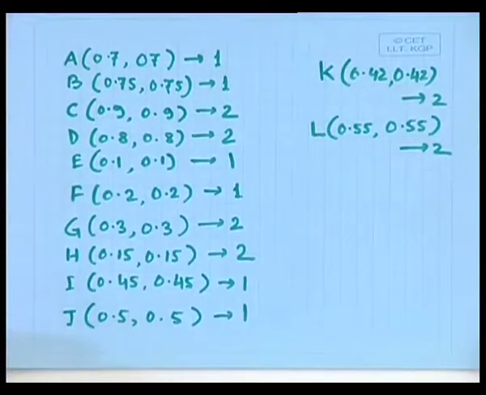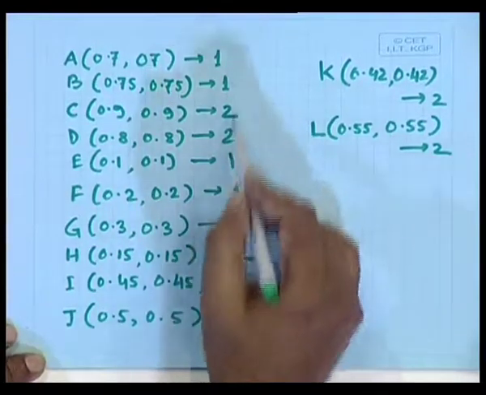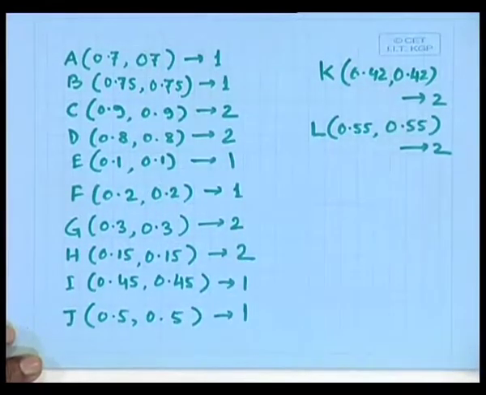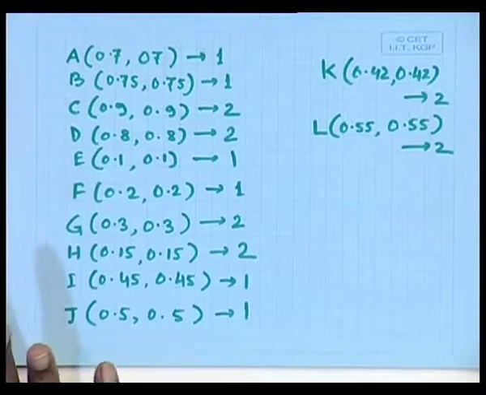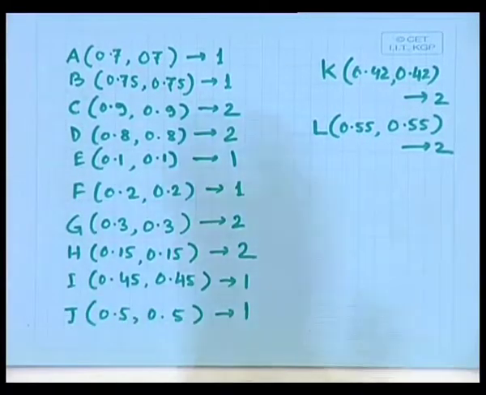These are the two dimensional feature vectors, for which the class belongingness is specified. Let us assume that these are the training vectors using which I have to generate the hyperboxes.